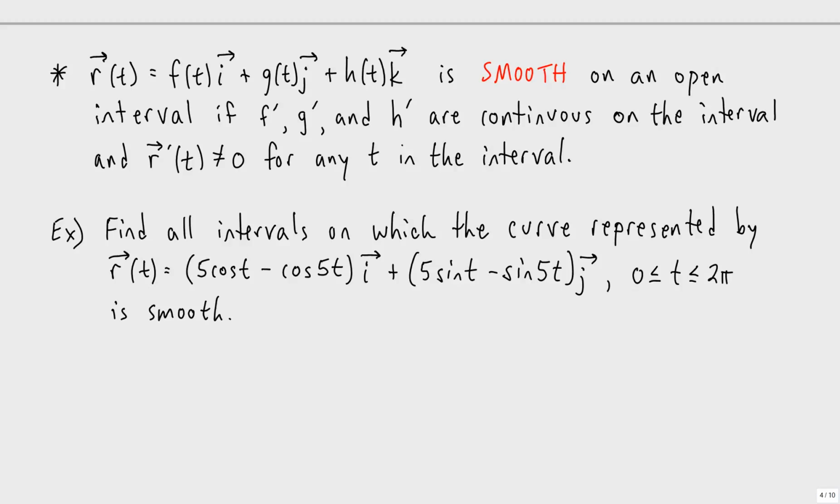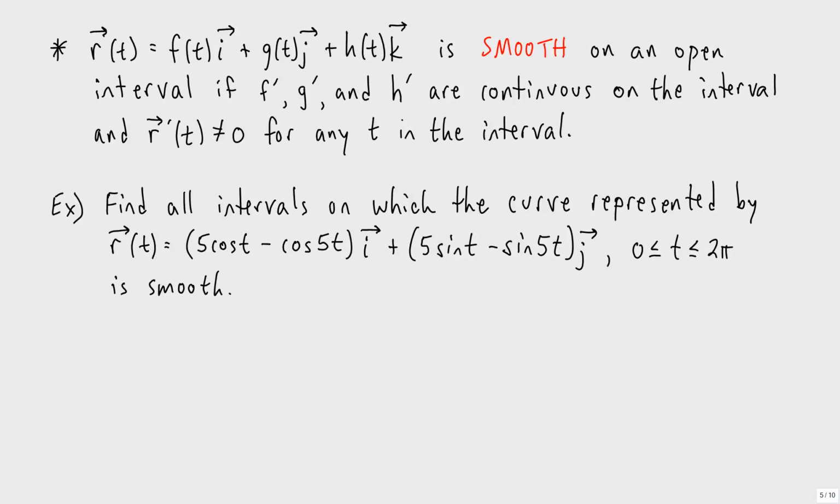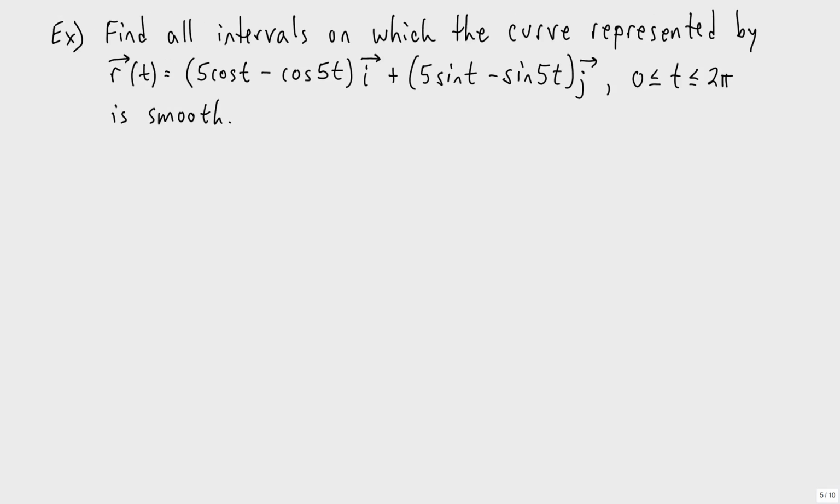All right, so with that in mind, let's find all intervals on which the curve represented by this vector-valued function from 0 to 2 pi is smooth. So let's see if we can figure out where this thing is smooth. Well, let's find the derivative.